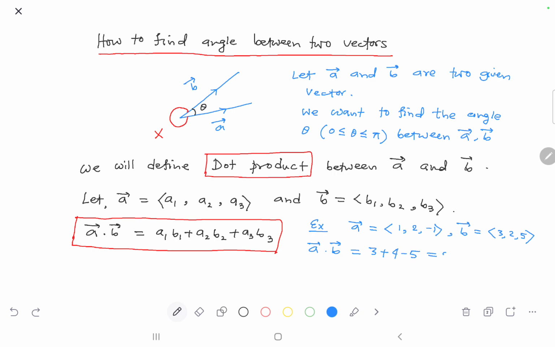Yes, we're getting 2. The dot product of these vectors is 2. So if we have two vectors and we know the components of those two vectors, then we can easily calculate the dot product. Now we see using the dot product how we can find out the angle between two vectors.